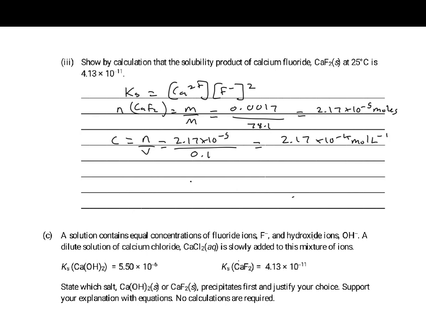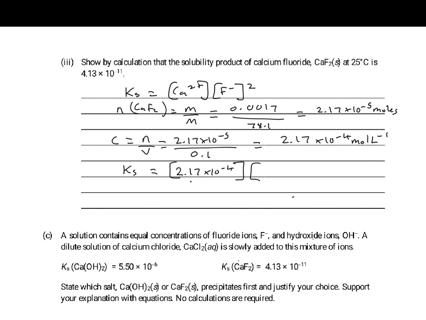So going back to our Ks expression, the concentration of calcium fluoride is 2.17 times 10 to the minus 4, this thing here. So when calcium fluoride dissociates, we know it produces 1 calcium ion, therefore the concentration of the calcium ion is that.